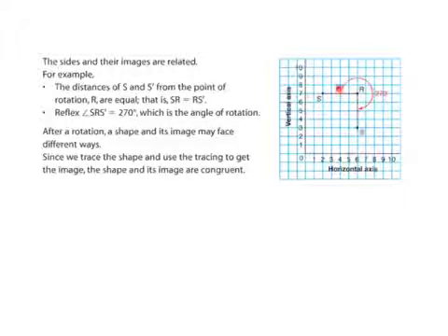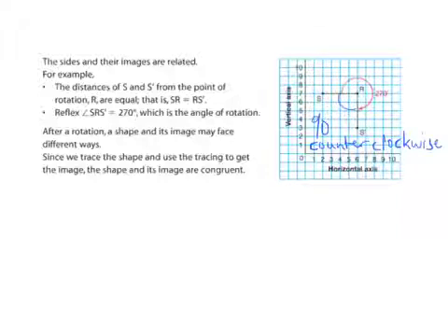And to get from this point to this point, it's a 270-degree turn clockwise, or it can be a 90-degree turn counterclockwise. And almost always with rotations, there are two possibilities, one being the counterclockwise, one being the clockwise.